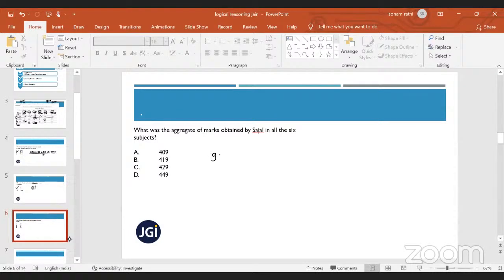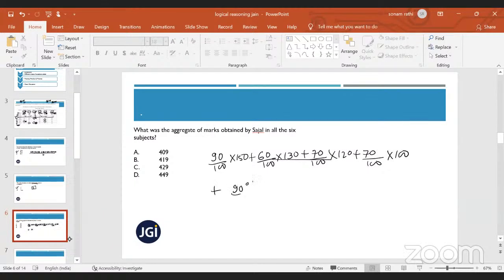You have to add it and then tell me the total.